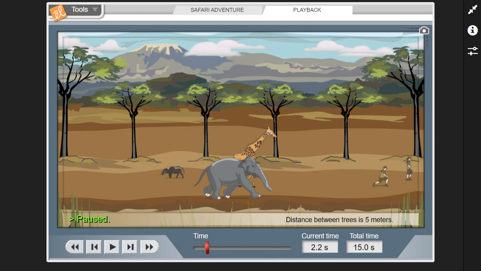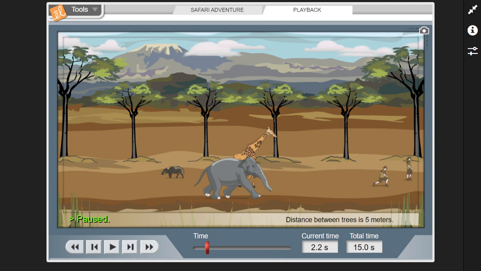To get the speed of the elephant, we do our distance, 10 meters for the elephant, 2 trees, because each tree is 5 meters, and we divide by 1.7 seconds. It took the elephant 1.7 seconds to go from that first tree to that third tree. And so we do 10 divided by 1.7, and we have 5.88 meters per second.